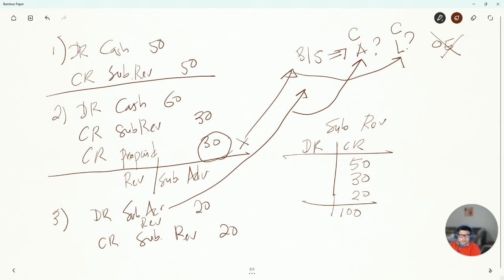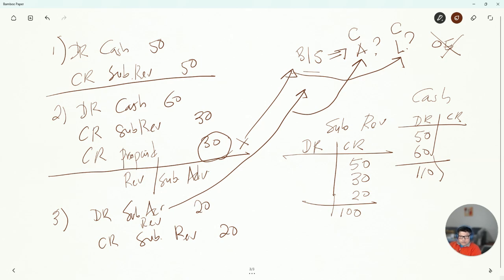If you look at the cash balance sheet account here, debit and credit, you will have $50 cash, $60 cash. So on the debit side, $110 cash. Then you have to draw the other two accounts: subscription in advance and subscription in arrears.